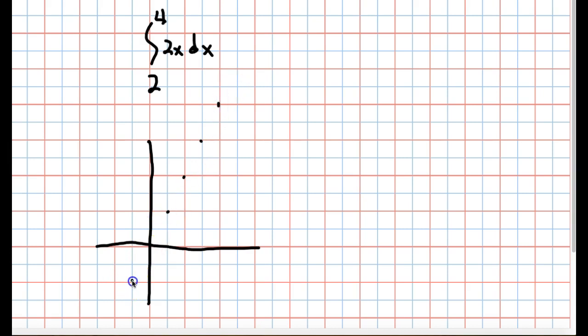So this line will look like this. So I want the area under this line from 2 to 4. So from here to here. So I'm finding the area of this trapezoid here.